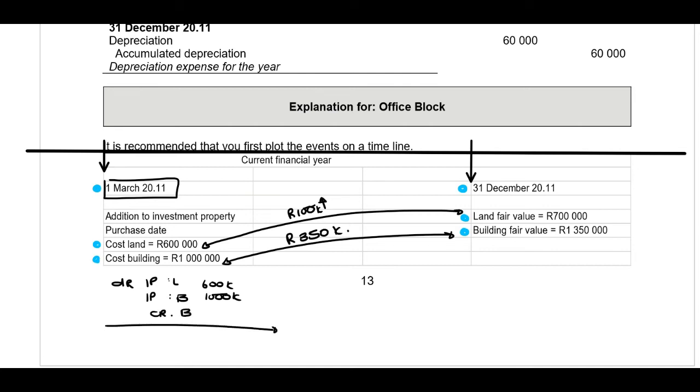Now the property increase, you look at the right side, we will debit our investment property land, investment property building, credit fair value adjustment with 100,000 and 350,000. But this fair value adjustment, remember guys, tax at CGT rate.